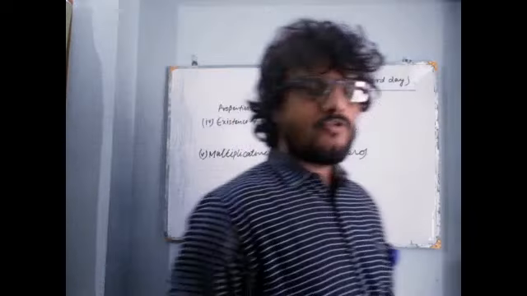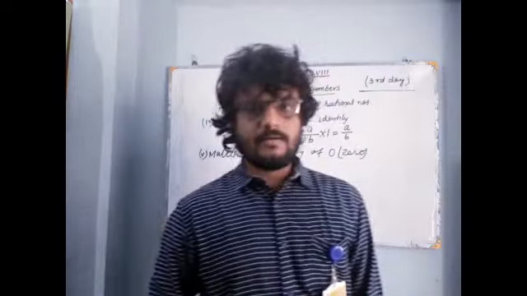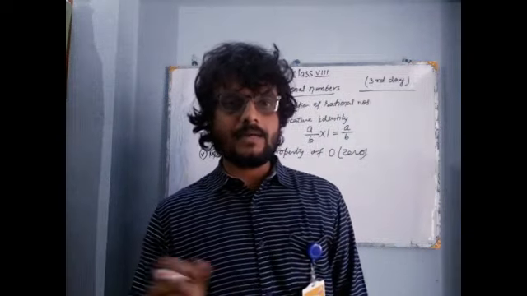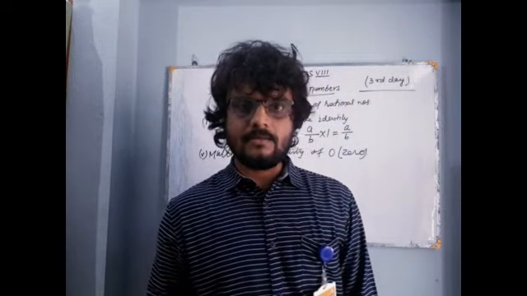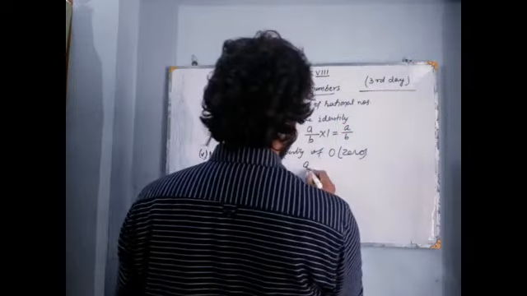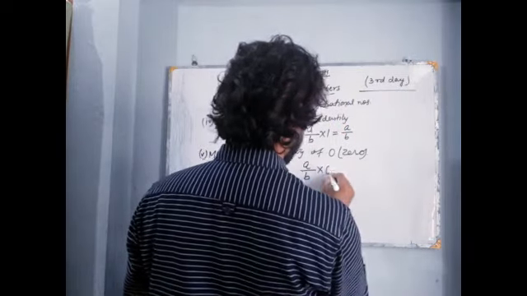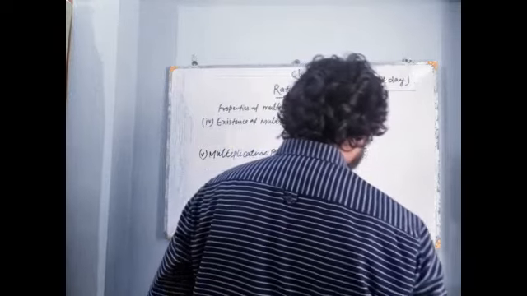Multiplicative property of 0 of rational numbers states that when a rational number is multiplied by 0, then we get 0. Got it? Means we can write a by b into 0 is 0.